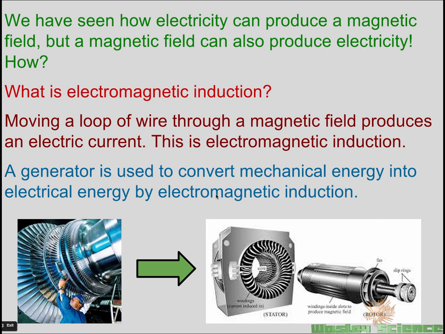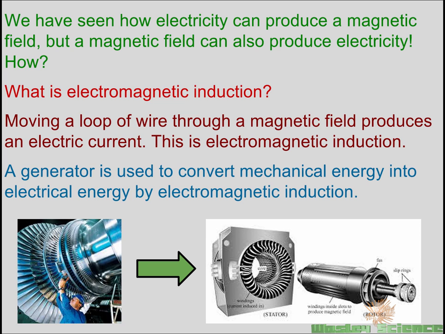The electromagnet is connected, and it is inside of a magnet. So while it spins, it causes electricity. All you have to do after that is hook up wires and power lines to the electric generator, and that is how electricity is made.